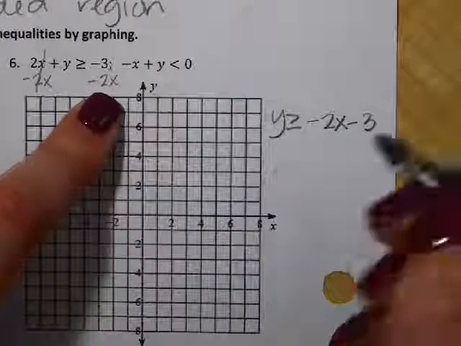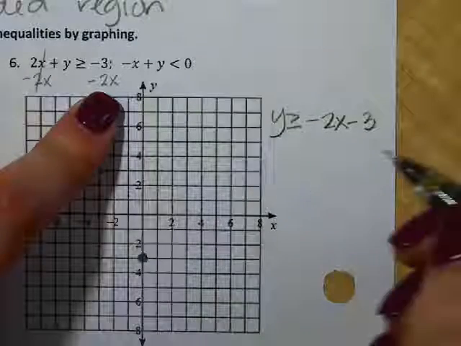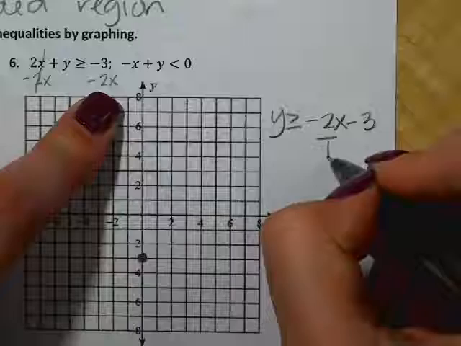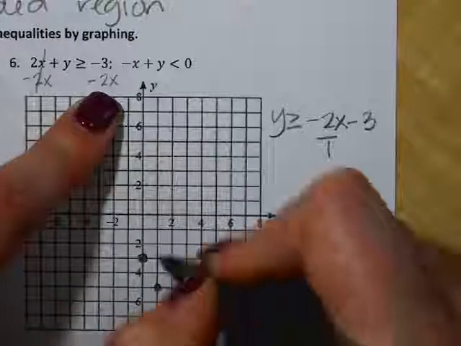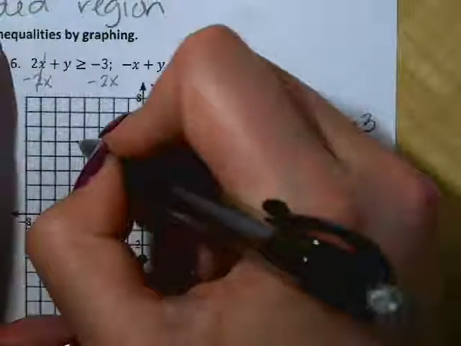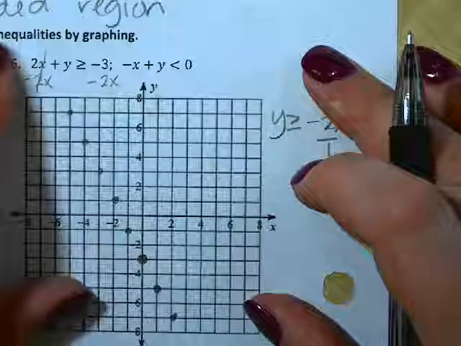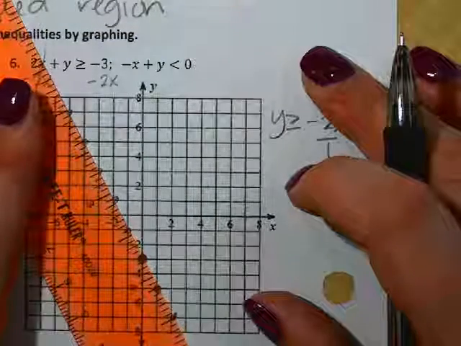So I have a y-intercept of -3. And then from there, I'm going to go down 2 over 1, down 2 over 1. And the inequality symbol tells me that should be a solid line.